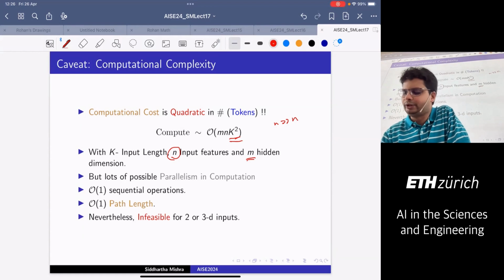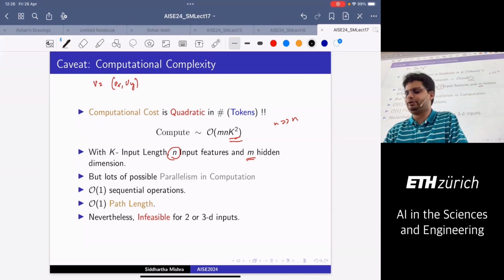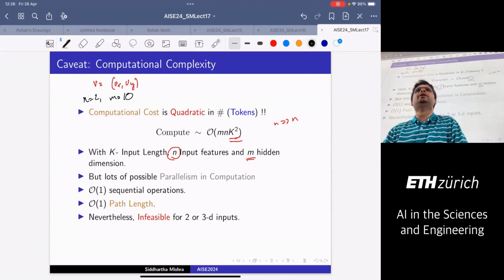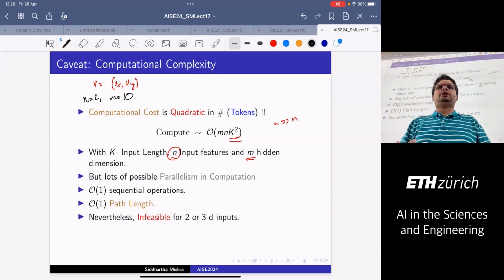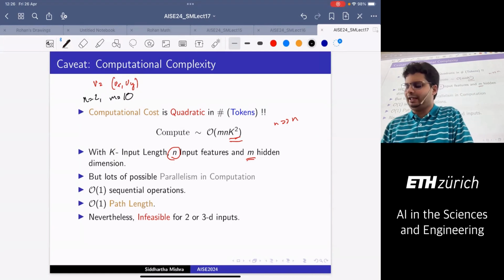So our unknown in some sense is the velocity, v, and this has two components, the x and y component. So in 2D, it has two components. So this means that n is equal to 2. Even if m was equal to 100, or let's say 10, okay? I'm just putting some numbers here. Usually it's not 10, it's closer to 100 than it is to 10, but let's say that it's 10.